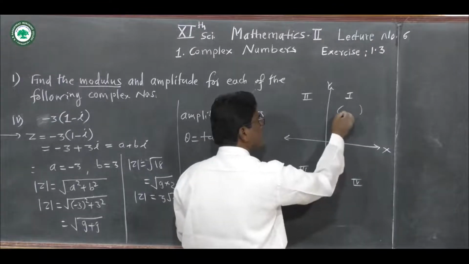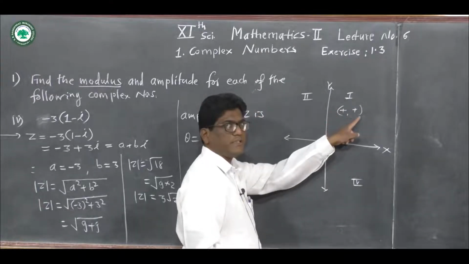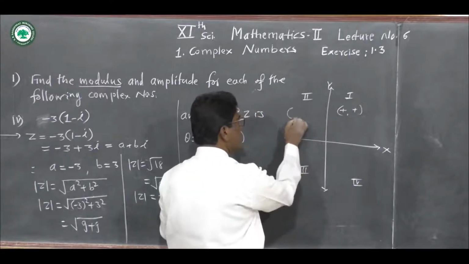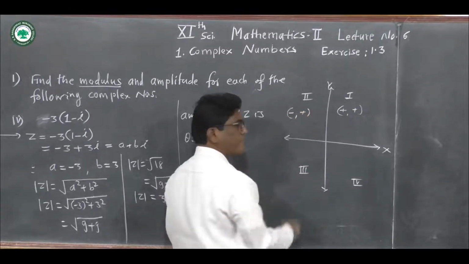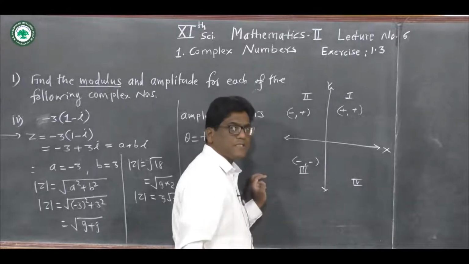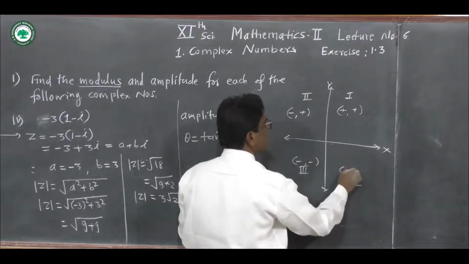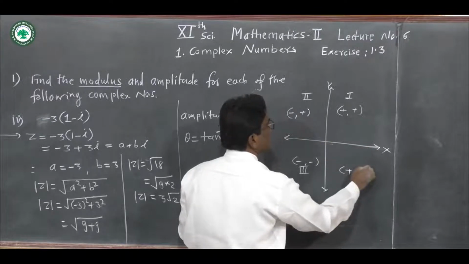Here the coordinates are plus and plus, that is x coordinate plus and y coordinate plus. Here x coordinate minus, y coordinate plus. Here x coordinate minus and y coordinate also minus. Here x coordinate plus and y coordinate minus.